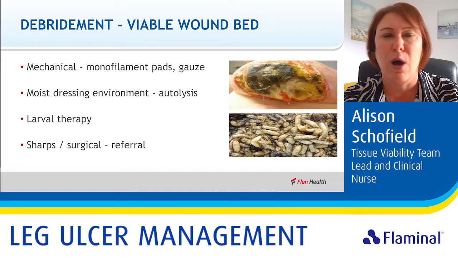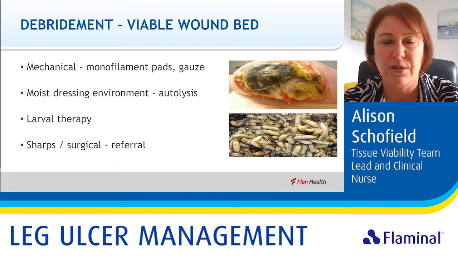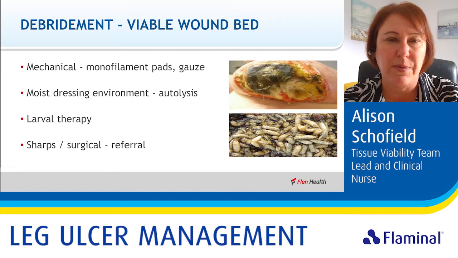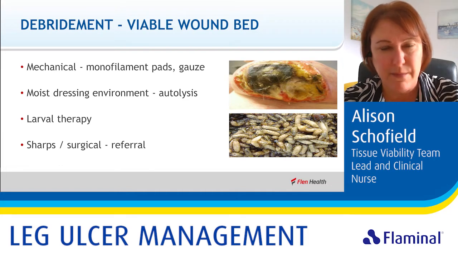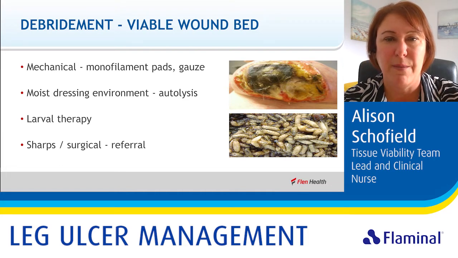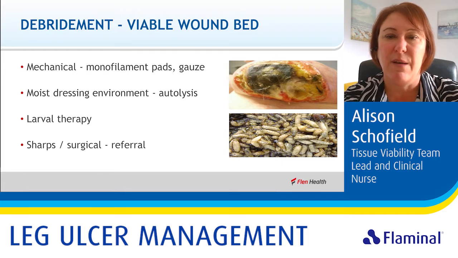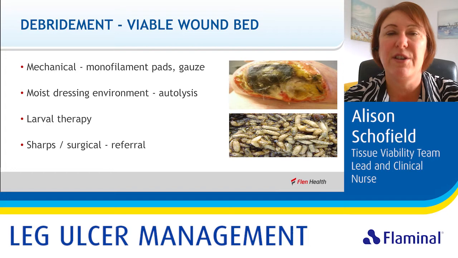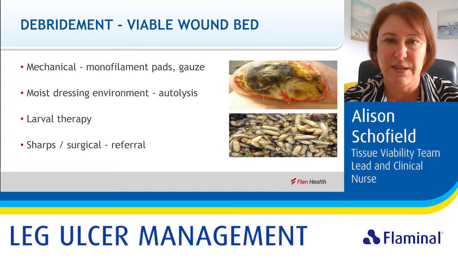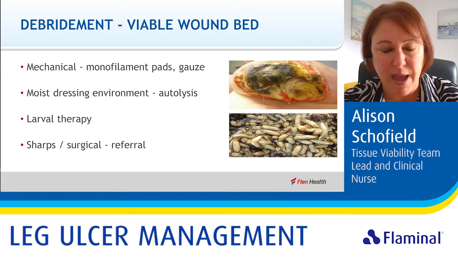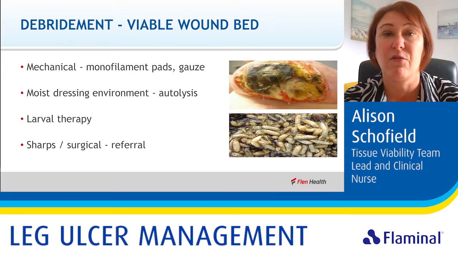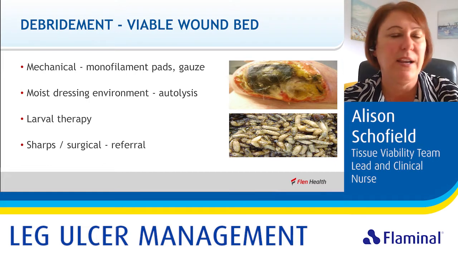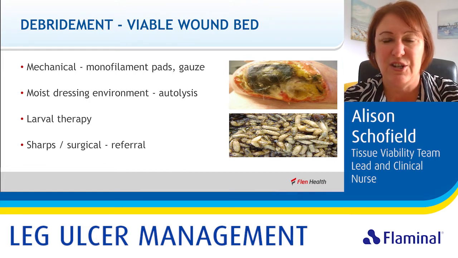We have what I call the little Pac-Men coming along to eat up all the bad elements in there to give the wound a better chance of healing. So when we're providing that moist environment, we're encouraging all these natural systems to occur, and then the epithelial cells can migrate across the surface of the wound in a lovely granulation type tissue.